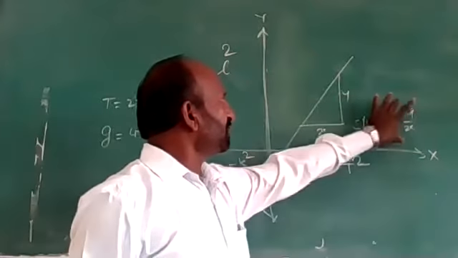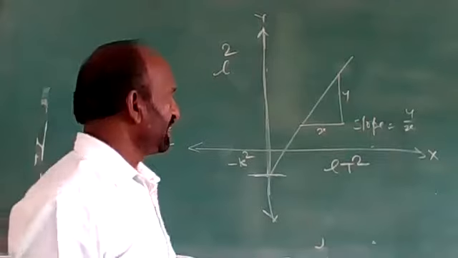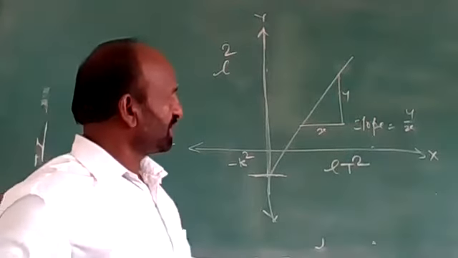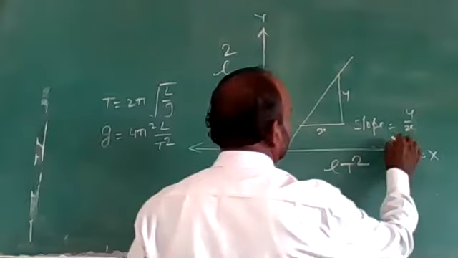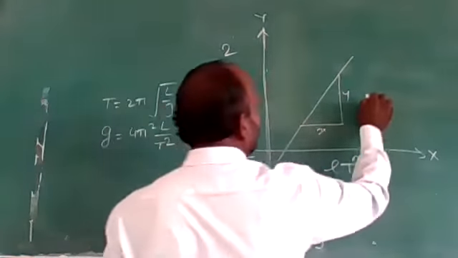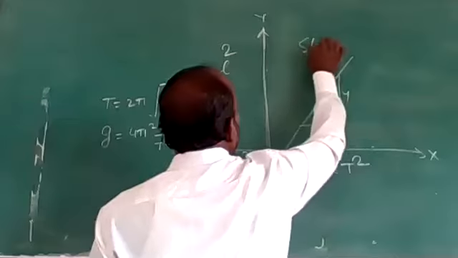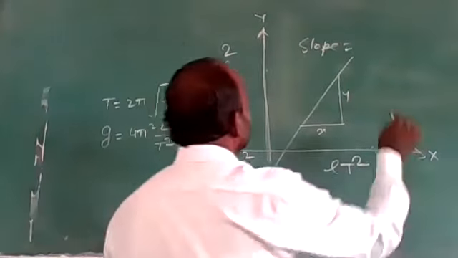Now, if we take the slope of this graph, what do we get? Slope is equal to y, where y is here L square.